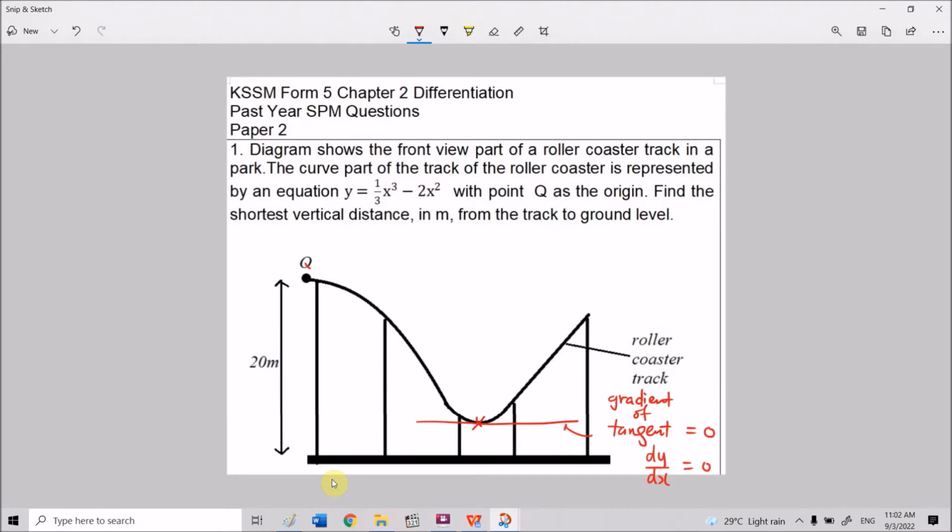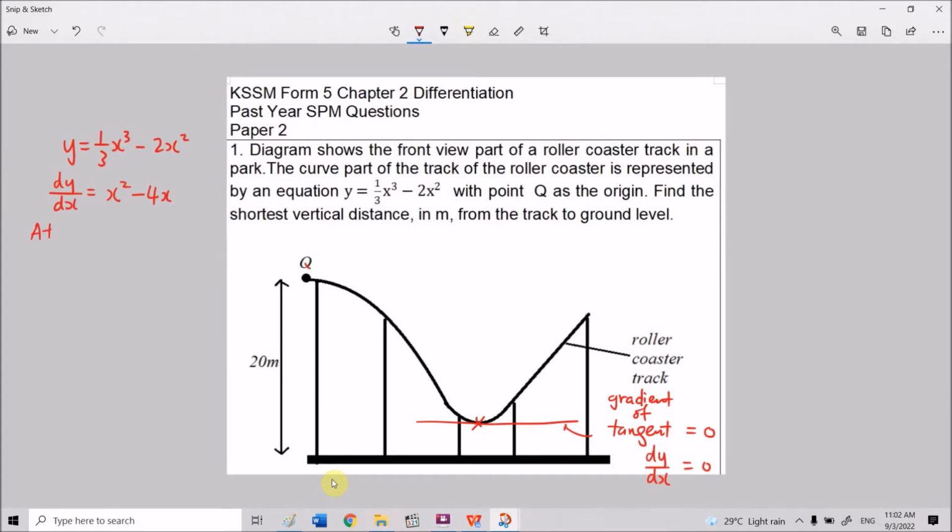So we differentiate this equation, y equals 1/3 x^3 minus 2x^2. We differentiate y with respect to x. We find dy/dx, you get this. So you take the 3, multiplying 1/3, you get 1. And then the 3 minus 1, you get 2. Next, 2 multiply negative 2, you get negative 4. Then the 2 minus 1, you get 1, which you don't have to write here.